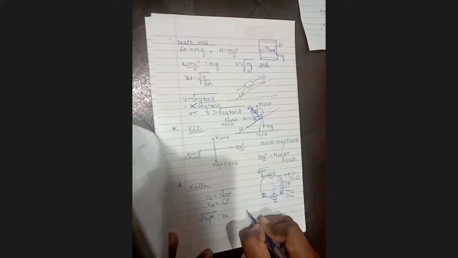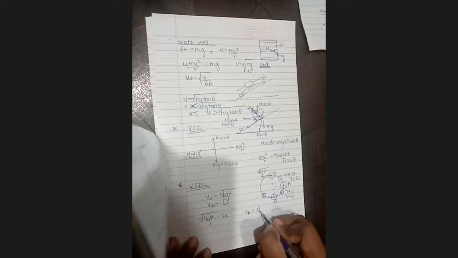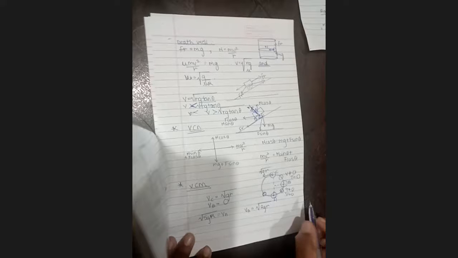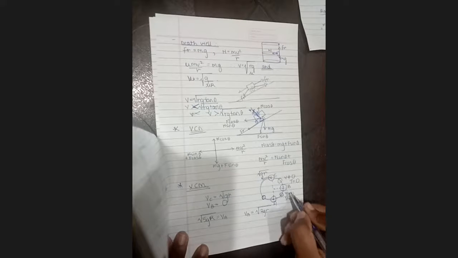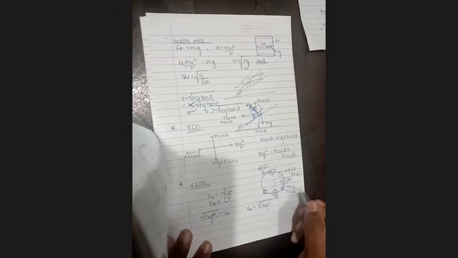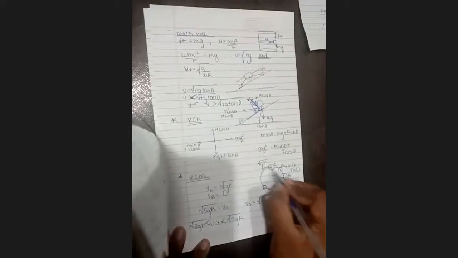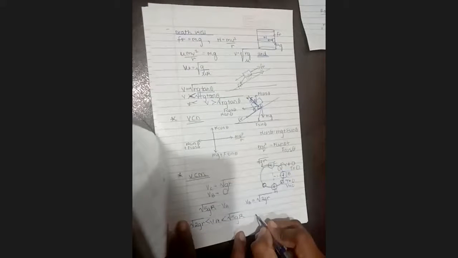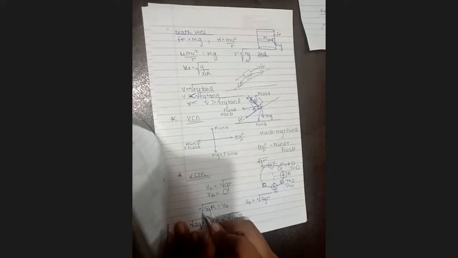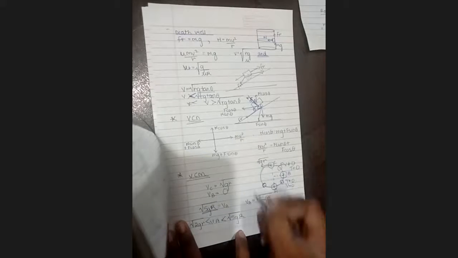If the velocity at point A is root 2 gr, then it will go till point B. If the velocity at point A is smaller than root 5 gr but greater than root 2 gr, it will go till this point D, which is between B and C. But if the velocity is root 5 gr, it will always complete the circle.